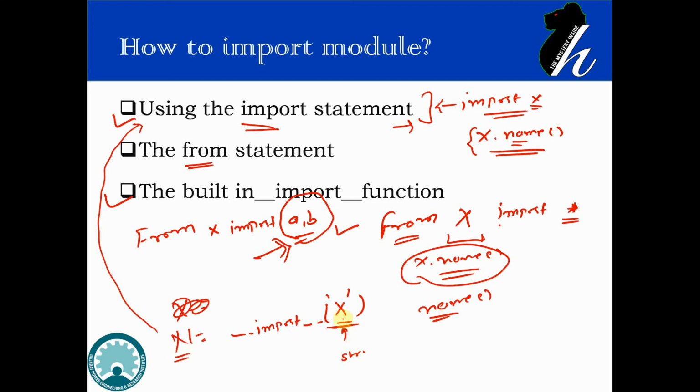So now the x module will be referred to by n. That is how it works.